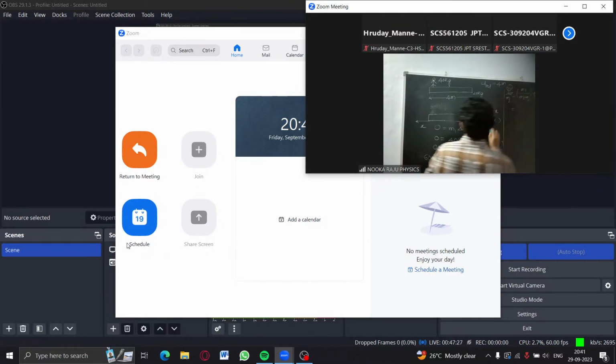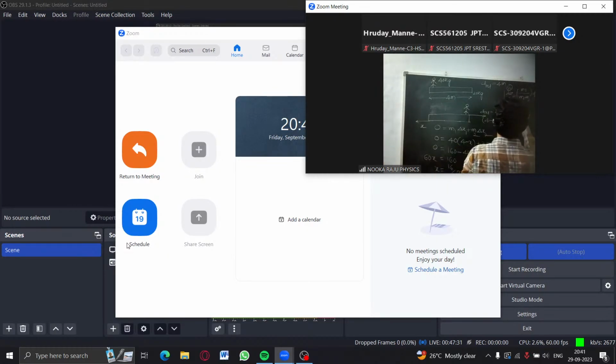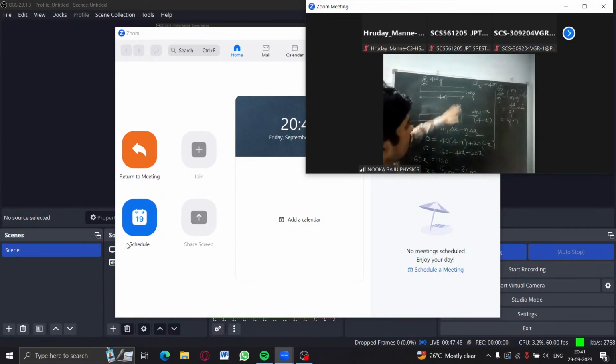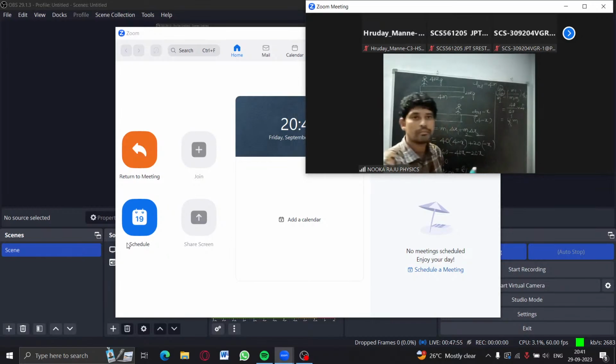What about the M1 value? 40 by 60 into 4. 0 cancel, 2 table, 2 3s are. What's the answer? 8 by 3 meters. So this is the shortcut, but the original process is this one. Everyone, please try to understand the original process, then go for the verification shortcut method. Right?